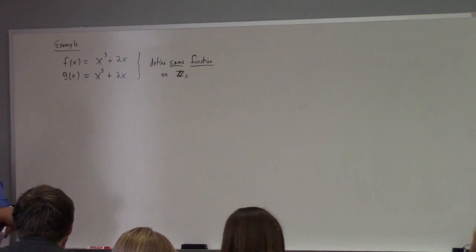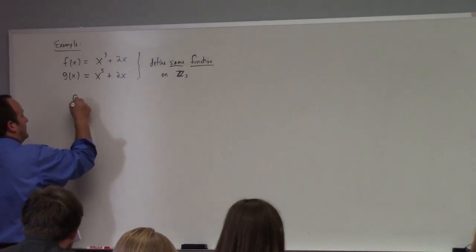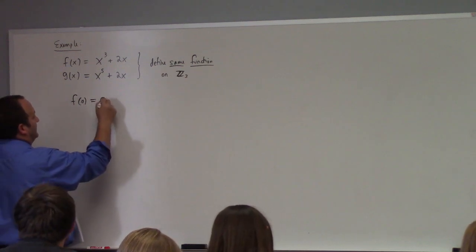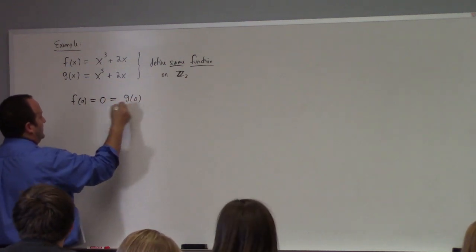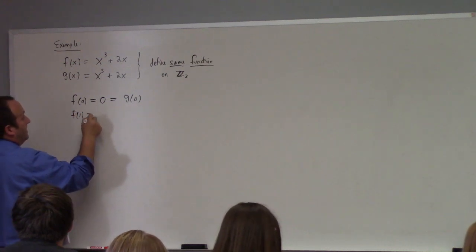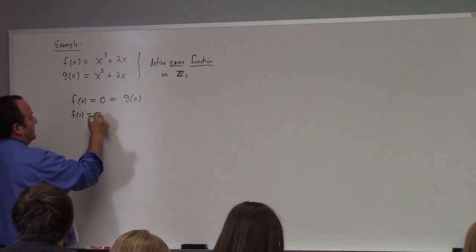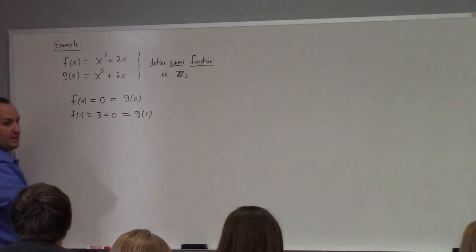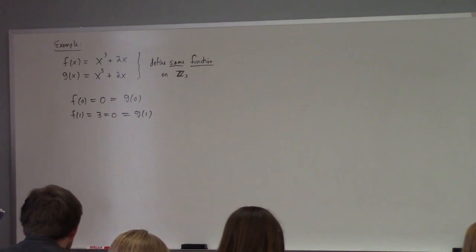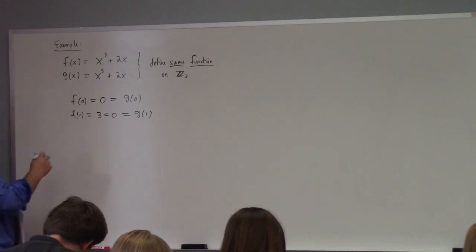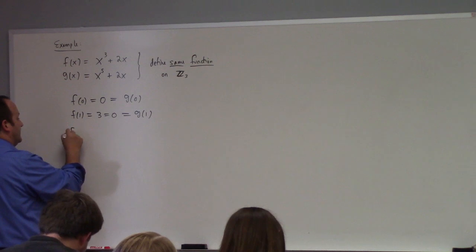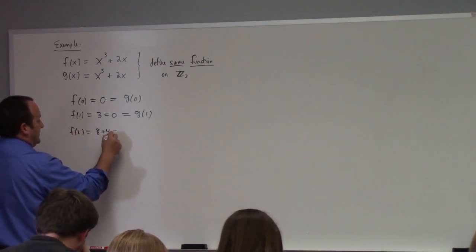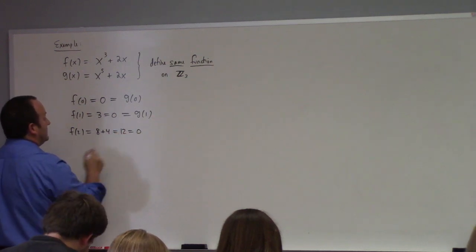It's pretty simple. You just try out f of 0, what you got? 0, right? What's g of 0? 0. What's f of 1? 1 plus 2, 3, which is 0, which is, by the way, also g of 1, right? Because that's also 1 plus 2, which is 3, which is 0. And finally, f of 2, which is 8 plus 4, also known as 12, which is 0.